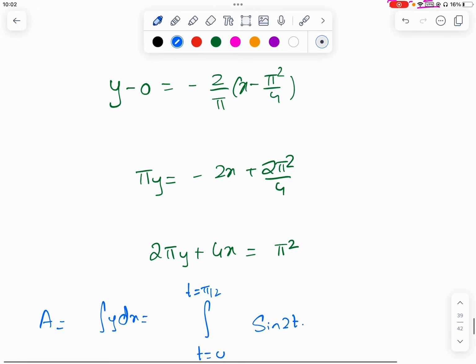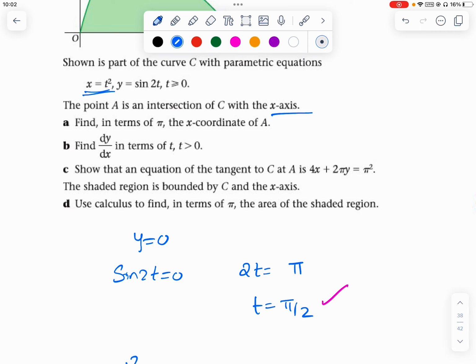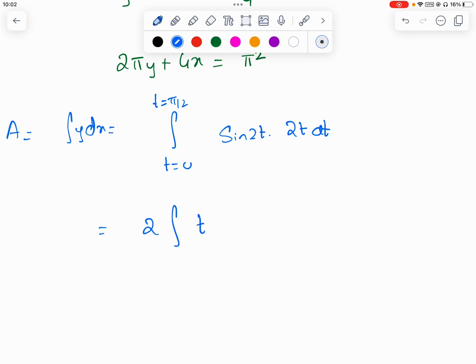And dx is going to be 2t dt. So it becomes 2t sin 2t dt, limits 0 to pi by 2.